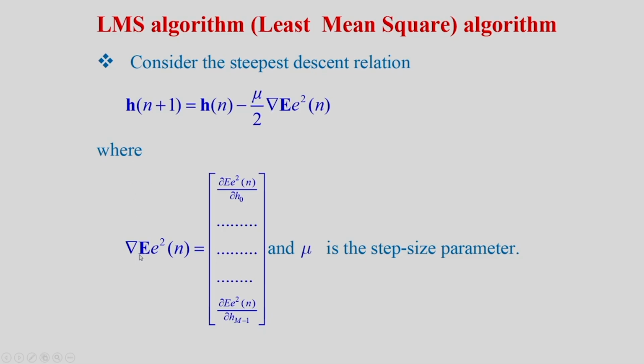The gradient of e²(n) is given by this vector: the first component will be the partial derivative with respect to h0 of e²(n), and so on, and the last component will be the partial derivative with respect to h(m-1) of e²(n). And mu is the step size parameter. Therefore, for the convergence of the iterations, we have to choose this mu parameter properly.